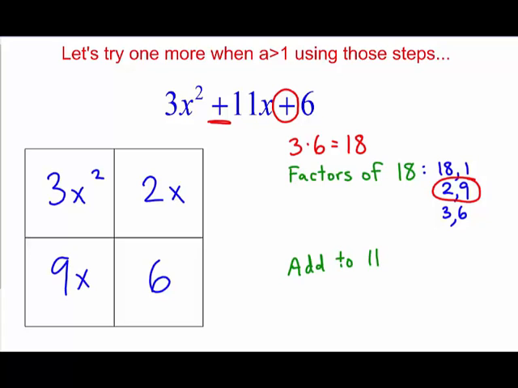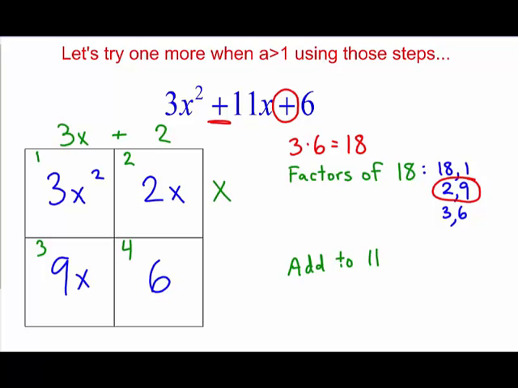Now I'm going to use my greatest common factor to fill out what they have in common. So I'm going to start by looking at boxes 1 and 3. I notice that they have a 3x in common. Now I'm going to look at boxes 2 and 4, and I notice they have a positive 2 in common. I'm going to look at boxes 1 and 2, and I notice that all they have in common is an x.